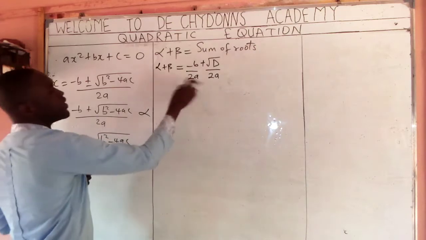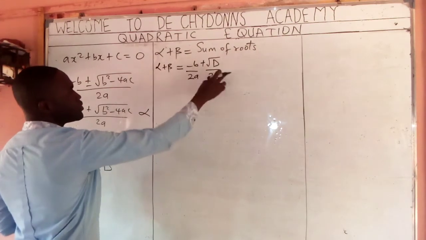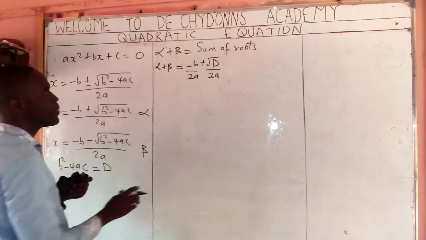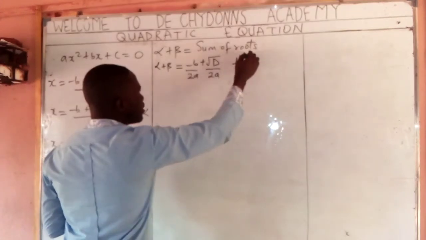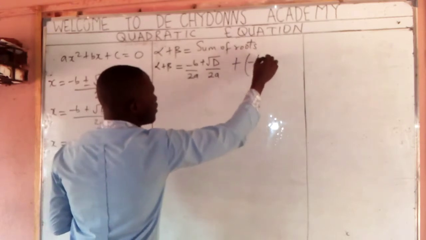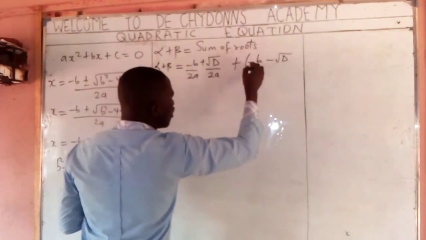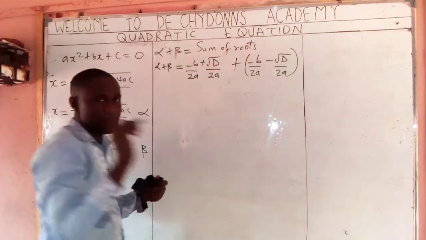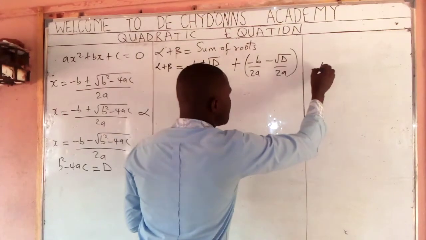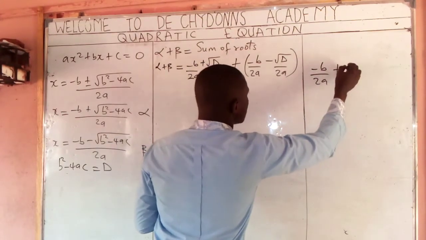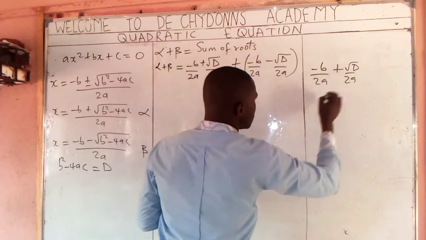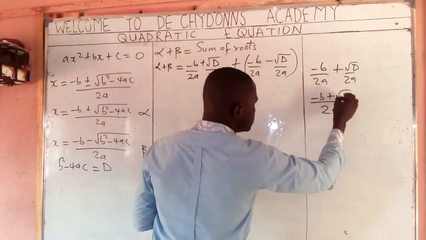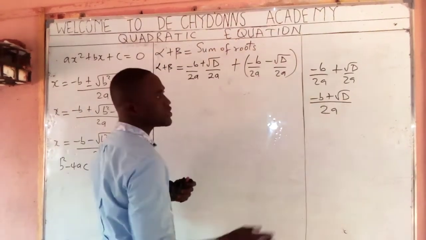Yes, if you look for the LCM of this whole thing, it will give you back this. Then you say plus, bracket, minus b minus root D all over 2a. Please note that minus b over 2a plus root D over 2a, the LCM is 2a, minus b plus root D. This over this gives you back this.